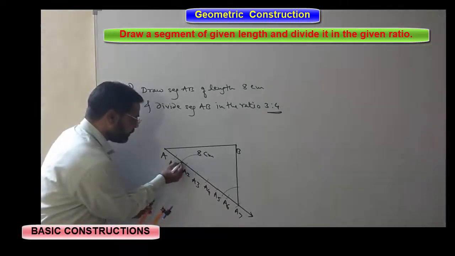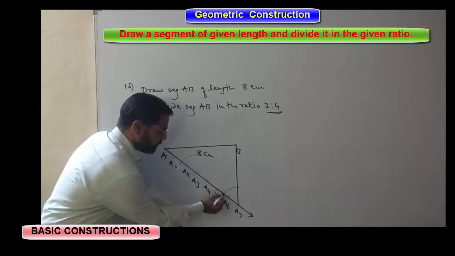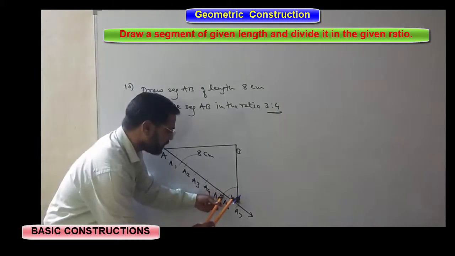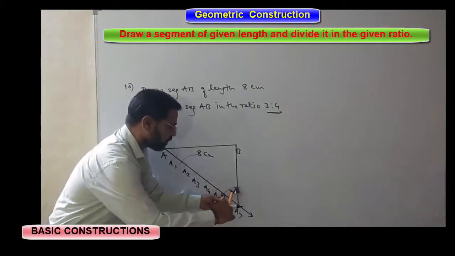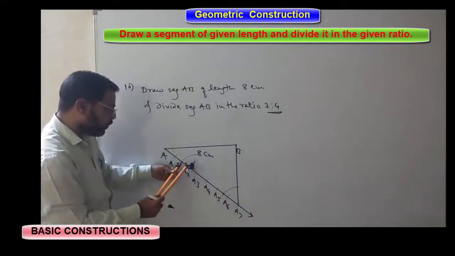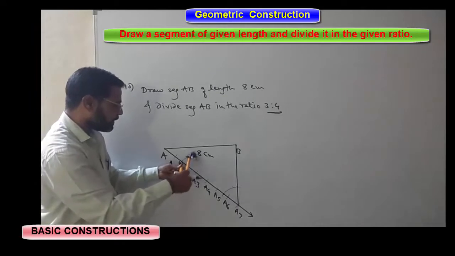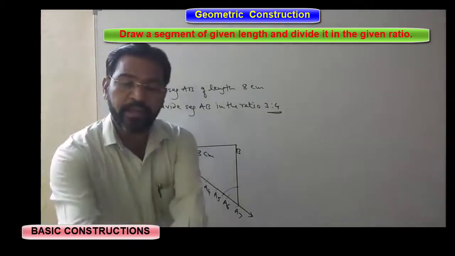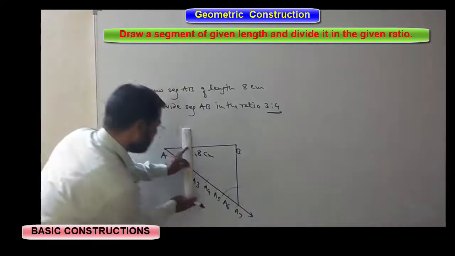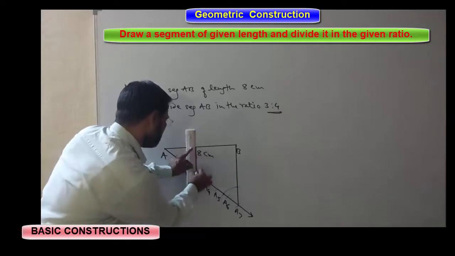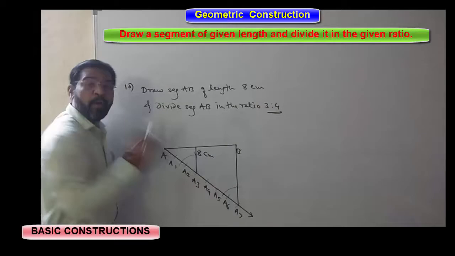This is the first one. Now I am going to take this much distance in the compass. By the same distance from this new point I will draw one arc here. Here this is one point. Now this point and A3, if we join like this, then these are the 2 parallel lines.